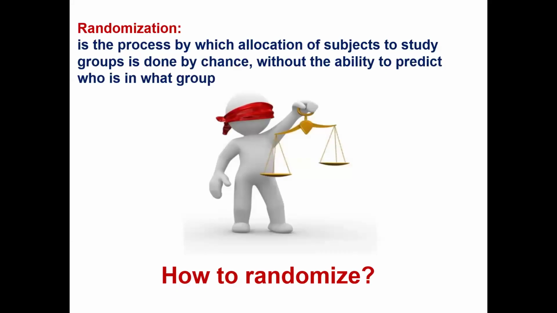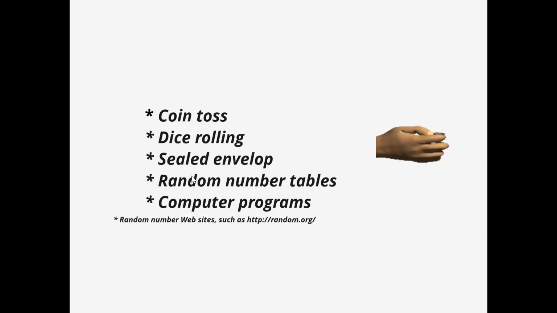If I'm going to do randomization, which is a process of randomly allocating some subjects to the study group and another group of subjects to the control group, I have to highlight which type of randomization I used. Did I use a sealed envelope, random number tables, or a computer program?